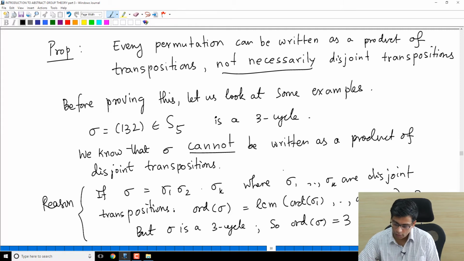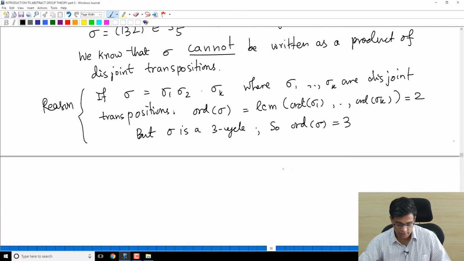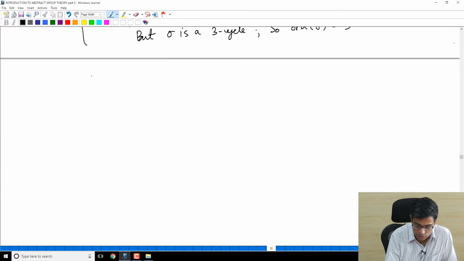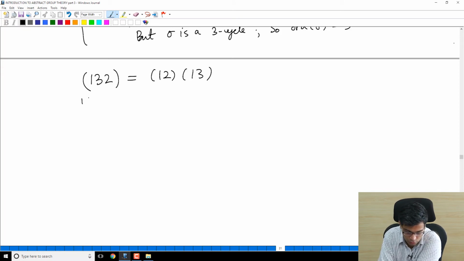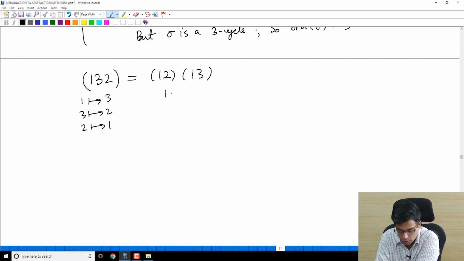However, we can write it as a product of transpositions if we don't insist on disjointness. How do we do this? So (1 3 2), for example, is easy to check, is (1 3)(1 2)... let me check quickly. This sends 1 to 3, 3 to 2, and 2 to 1. What does this do? 1 to 3 under the first one, but then 3 to 3 under the second one, which is good.